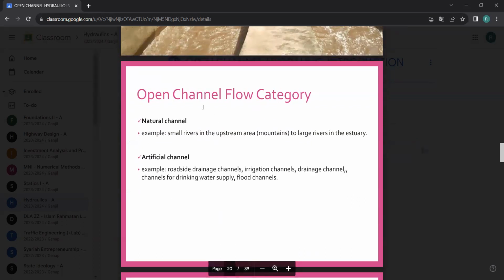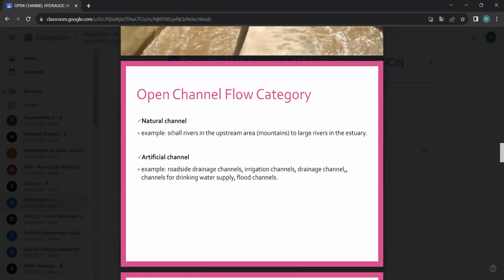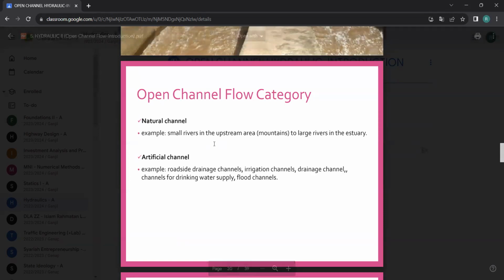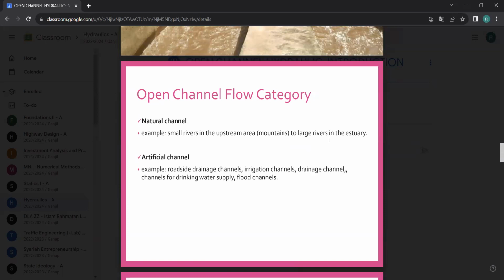And there is category of open channel. The first is natural channel. Examples are small rivers in the upstream or mountain areas to large rivers in the estuary. And river usually is natural channel too. Next is artificial channel. Artificial channel is human-made.